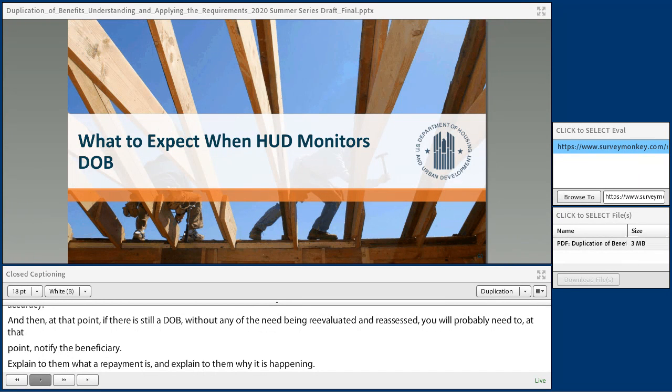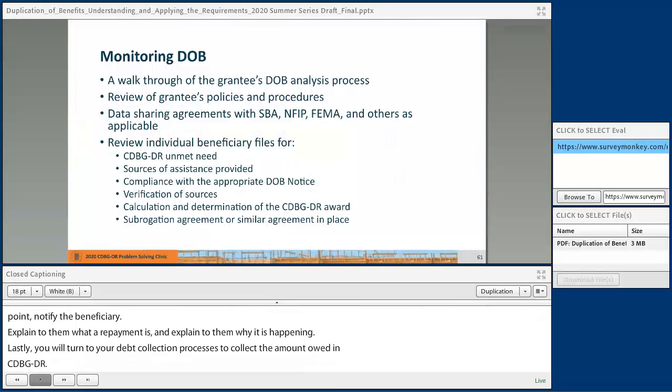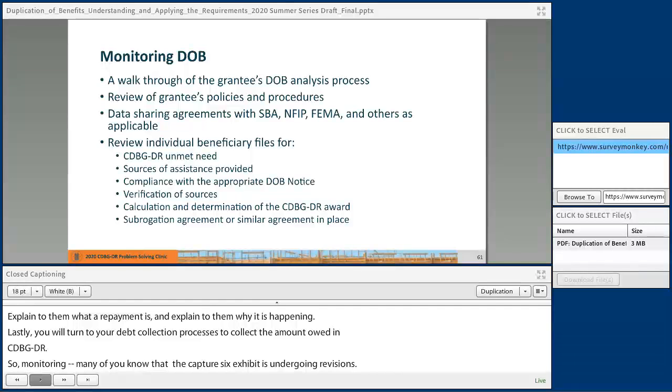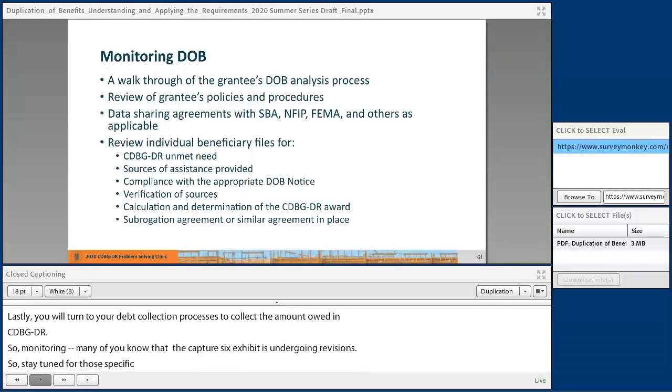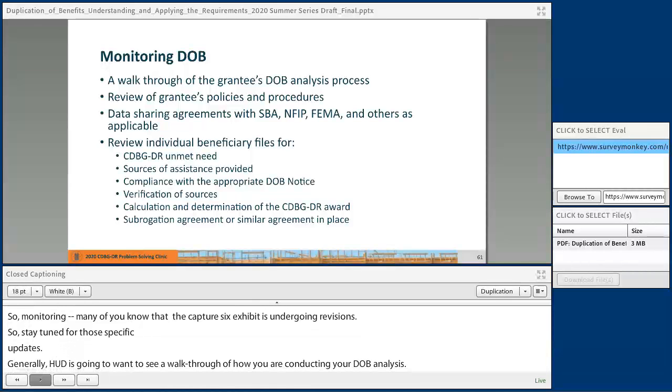So monitoring. Many of you know that our Chapter 6 exhibits are undergoing revisions, so just stay tuned for those specific updates. But generally, HUD is going to want to see a walkthrough of how you are conducting your DOB analysis. HUD will review your DOB policies and procedures and might look to your data sharing agreements with those applicable agencies, and review your activity files and the documentation that you're collecting.